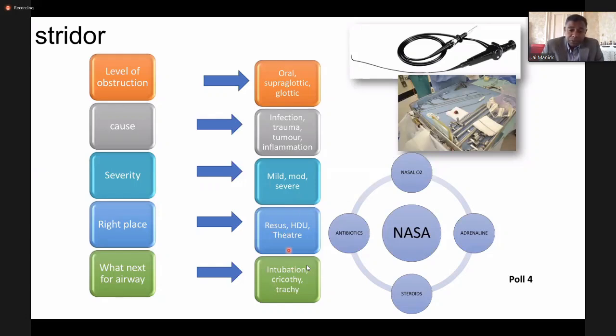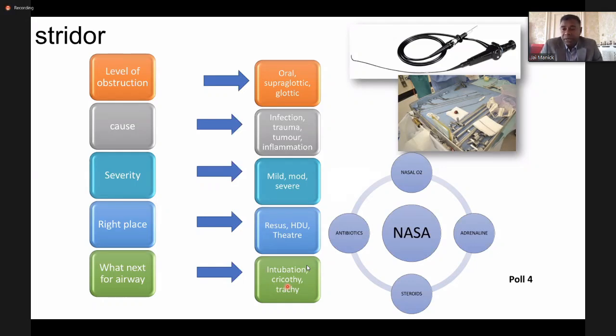Most of the time, we need to assess where we are. Are we in the right place to manage? Are we in resus or HDU or in the theater or in the district general hospital? This is very important, especially when you make a decision about management of neck trauma. So what are we going to do next?